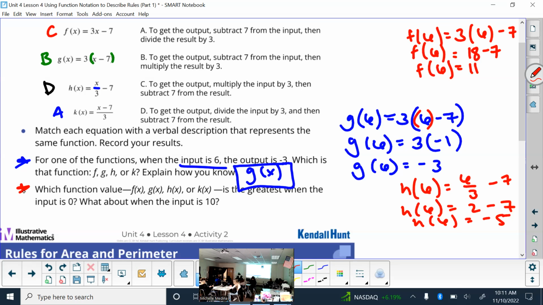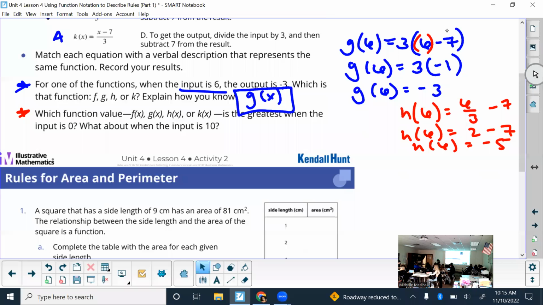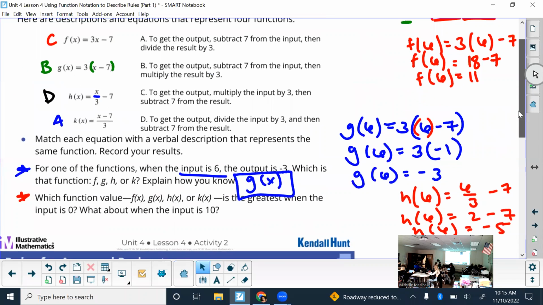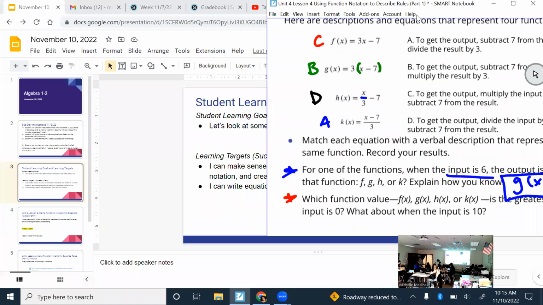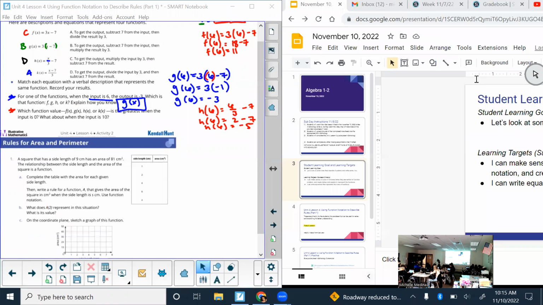But for each of you, solve when the input is 0, when the input is 10. Which of these 4 functions, and again, just to clarify, the actual equations are up here, has the greatest output when the input is 0?